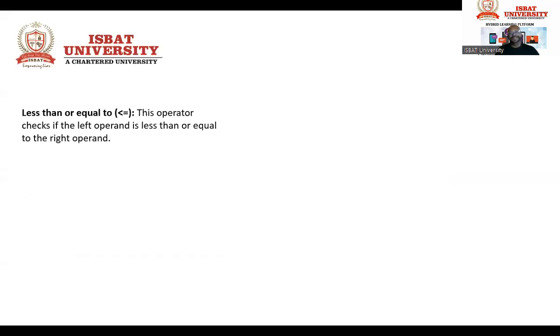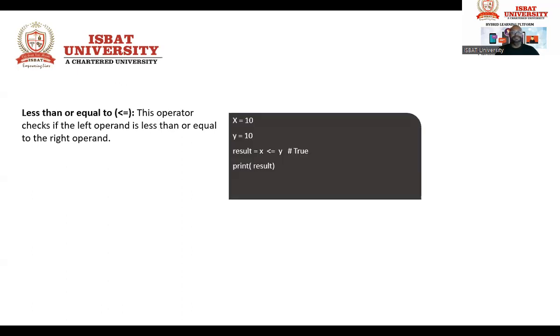The next one is the opposite side of that one, that is less than or equal to. Here, this operator checks if the left operand is less than or equal to the right operand. So see the program code here. I'm assigning x equal to 10 and y equal to 10.